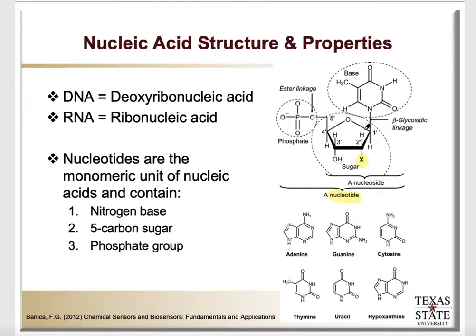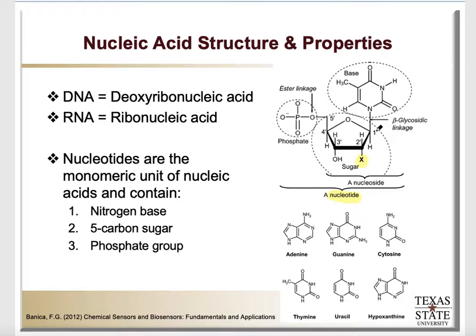In addition, we have the 5-carbon sugar shown here, and again, that's going to be a little bit different for DNA versus RNA. And then finally, we have the phosphate group that is found in between nucleotides, linking different nucleotides together.